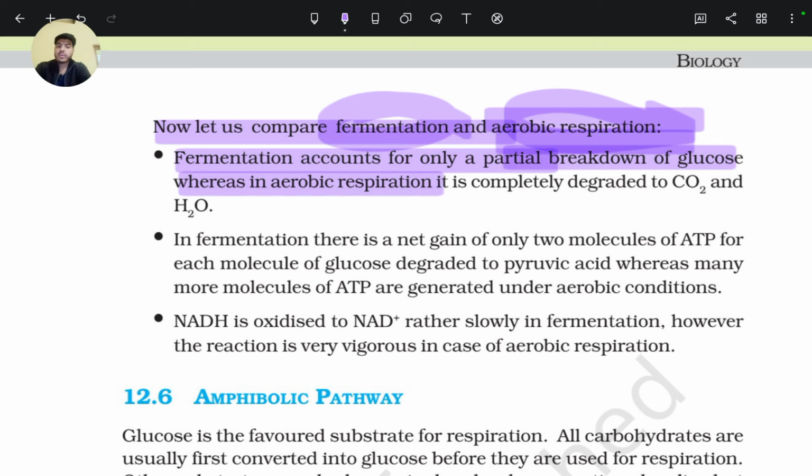Whereas in aerobic respiration, it is completely degraded to CO2. So in fermentation there is partial oxidation of glucose, but in aerobic respiration there is complete oxidation of glucose, in which glucose is completely degraded to CO2 and H2O.